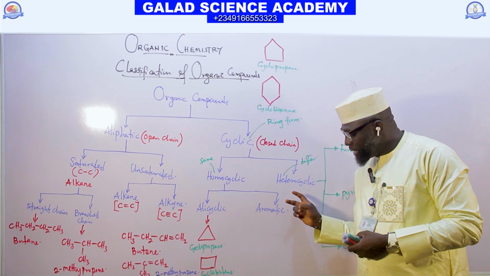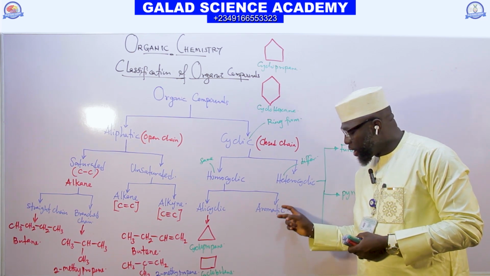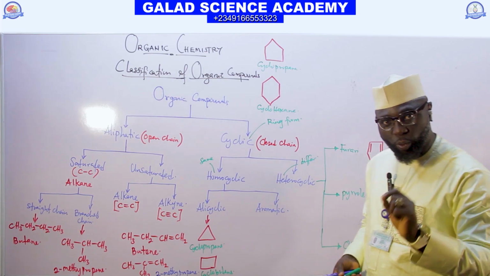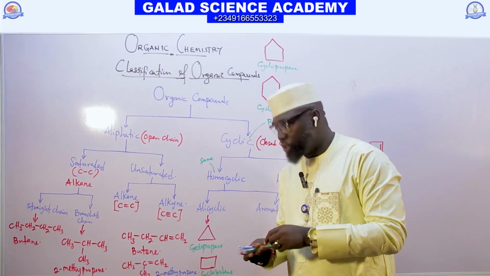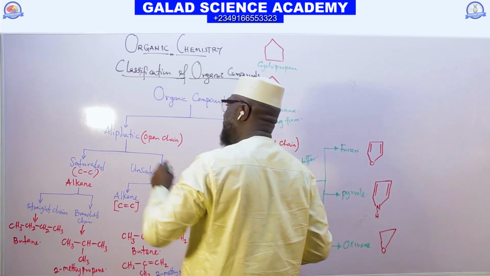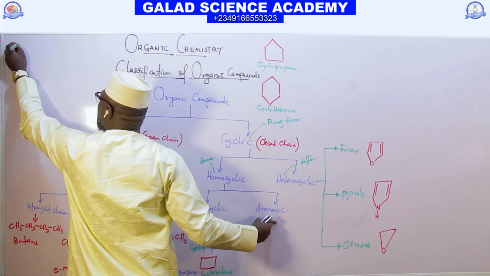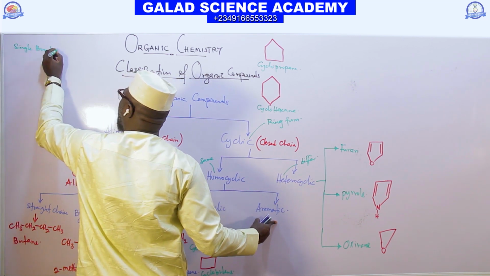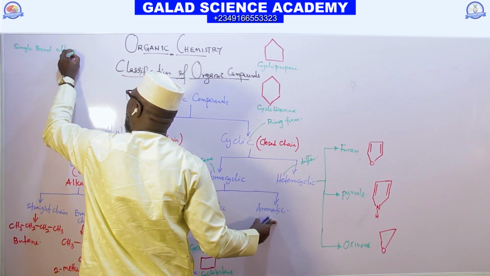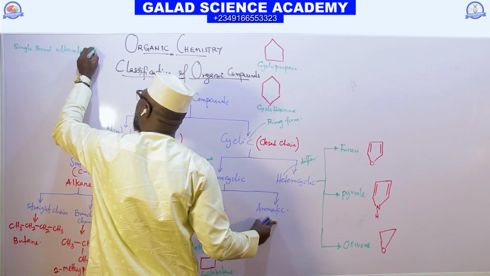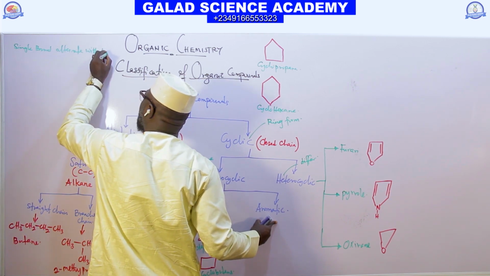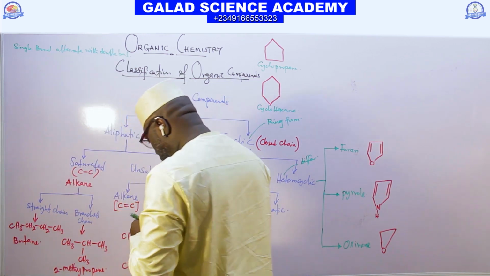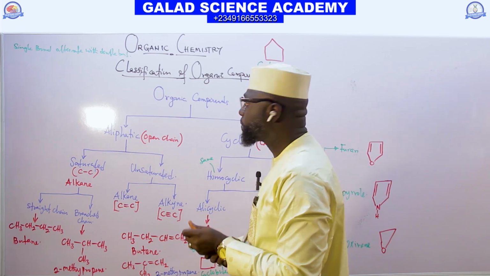But the unique feature of this aromatic hydrocarbon is that the double bond and single bond alternate with each other. What is the meaning of that statement?